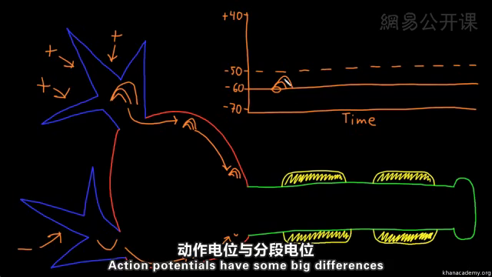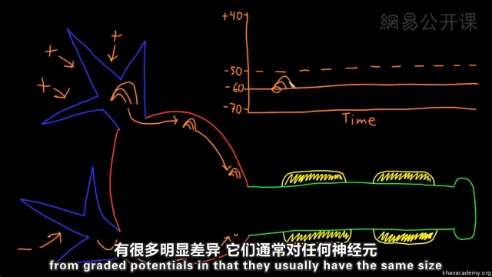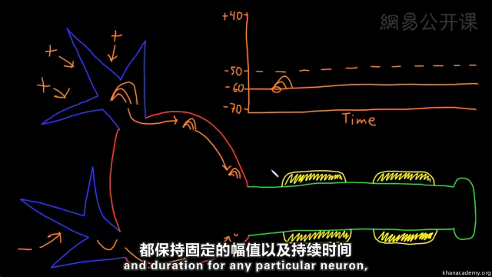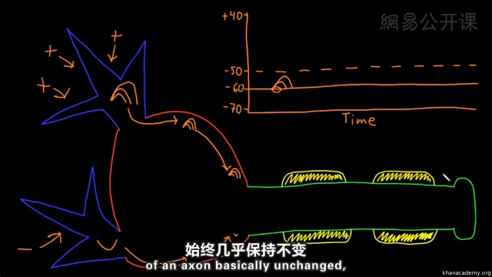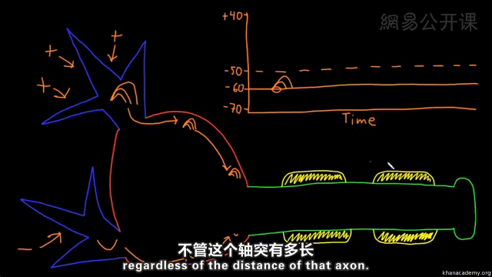Action potentials have some big differences from graded potentials in that they usually have the same size and duration for any particular neuron, and they are usually conducted the entire length of an axon basically unchanged regardless of the distance of that axon.